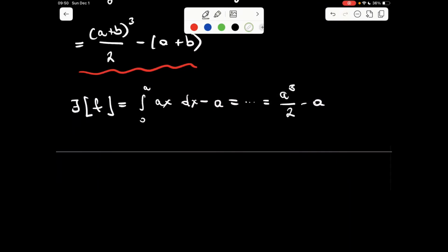So on this basis, the right-hand side of the required equality would be this.